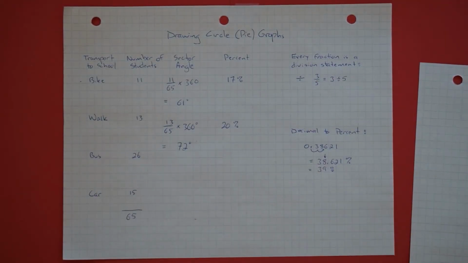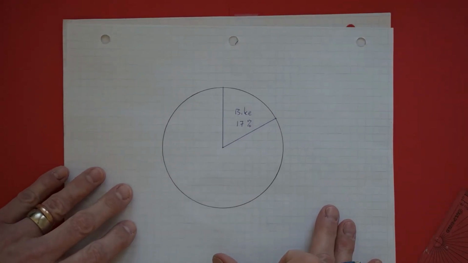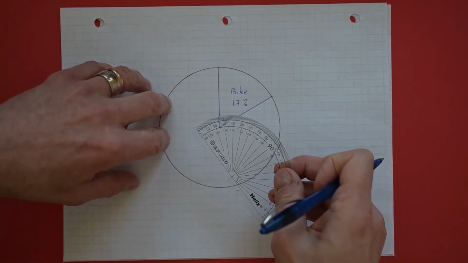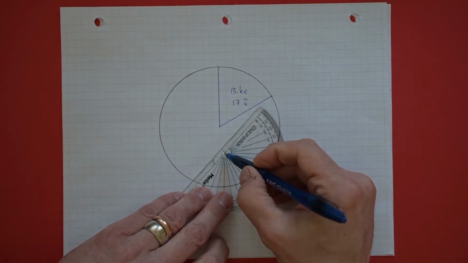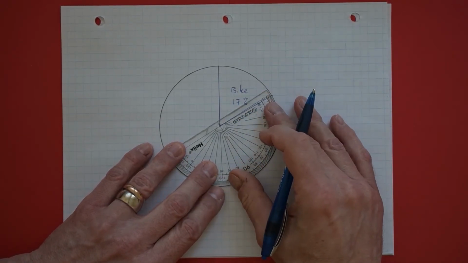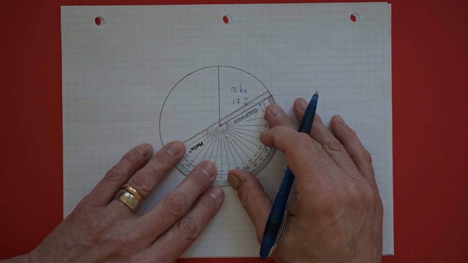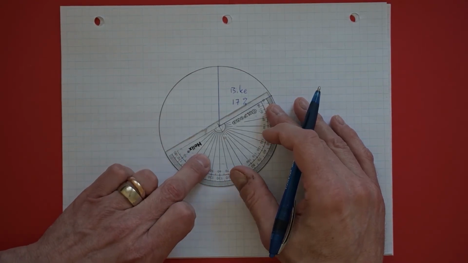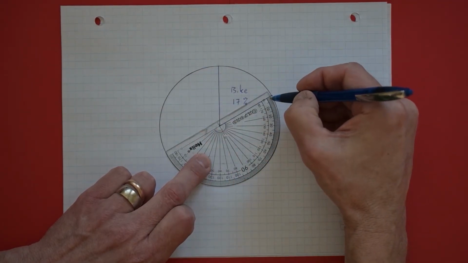So now we need to create a 72 degree sector on here. Once again, this point needs to go right on the vertex, and the 0 arm needs to line up with one of the arms of the new sector. And then we come up the 72 degrees from 0.